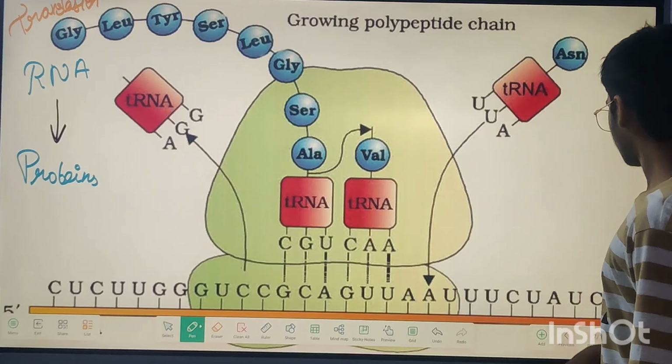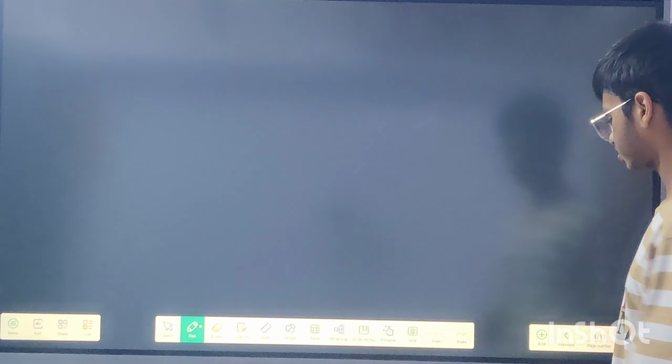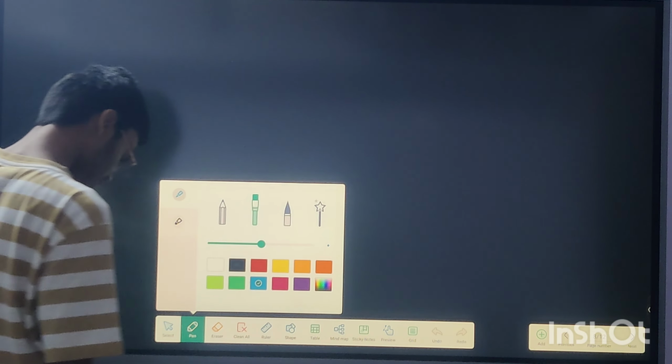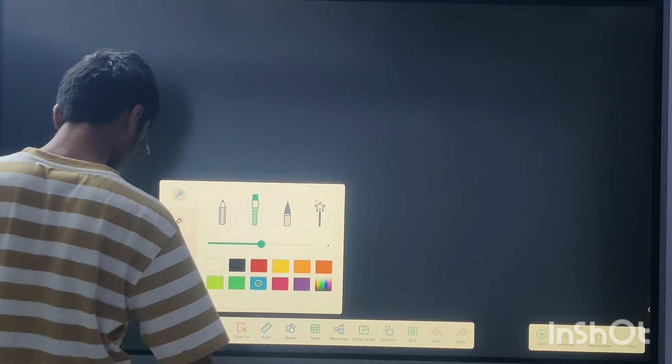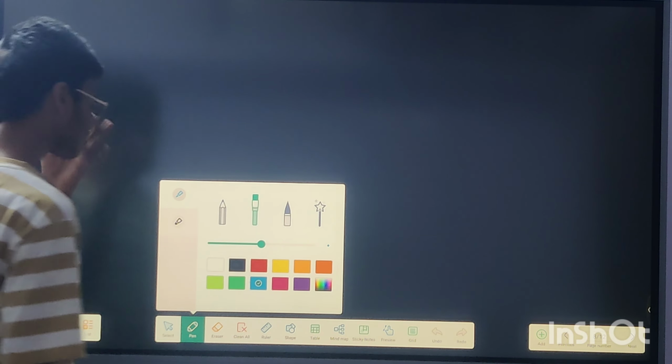First, why is this translation very, very important?